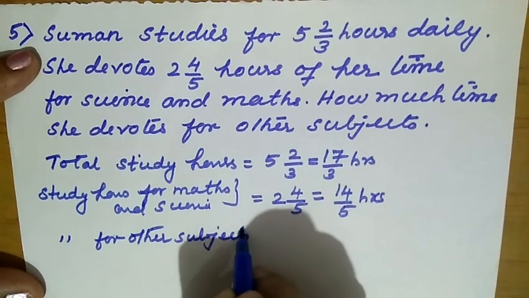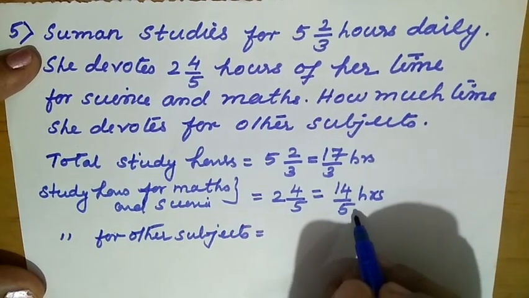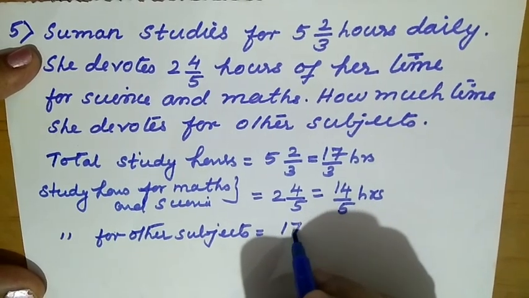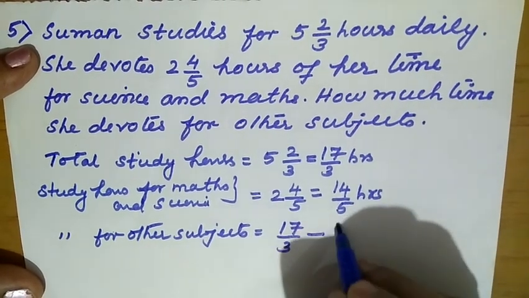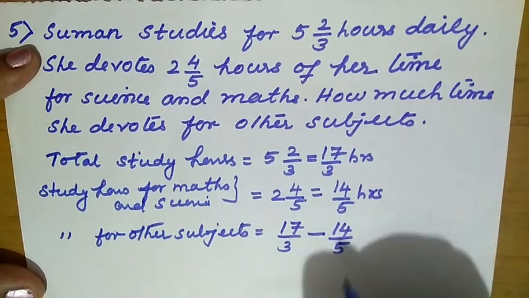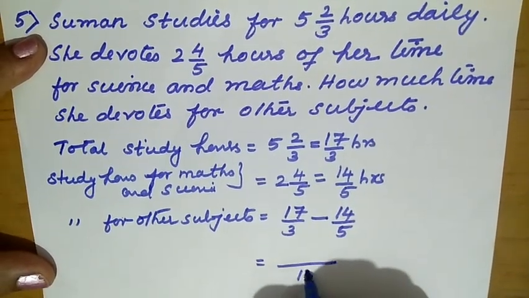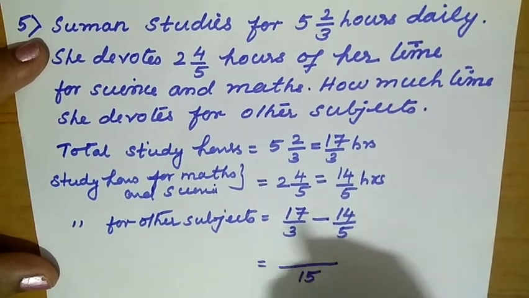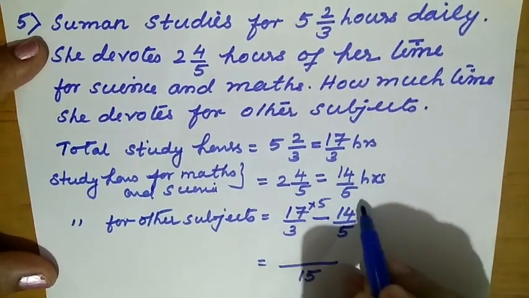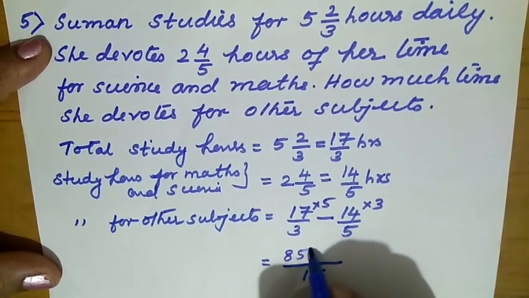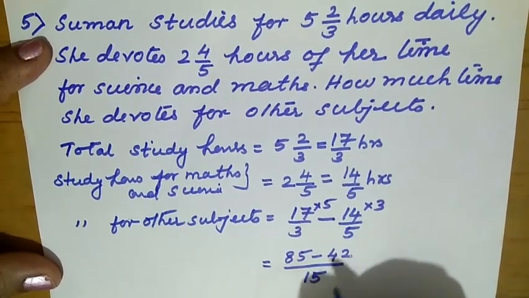How to do this one? We have to subtract science and maths hours from total hours. So 17 by 3 minus 14 by 5. 3 and 5 are prime numbers only, so your LCM is 15. What is the number to be multiplied here? Into 5, into 3. 17 5s are 85. 14 3s are 42.